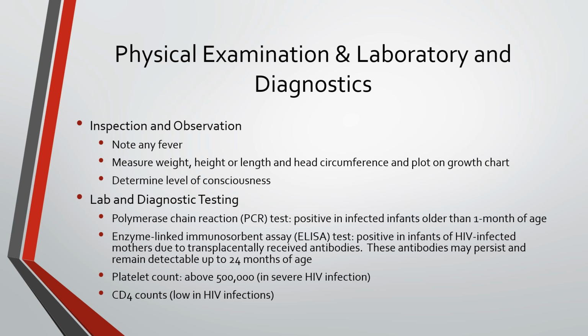So you could have a positive ELISA test up to 24 months just based off of mom's antibodies that she has passed on, not necessarily that the infant or the child has HIV. The PCR, if it becomes positive after 1 month of age, then that is that child's own infected cells.